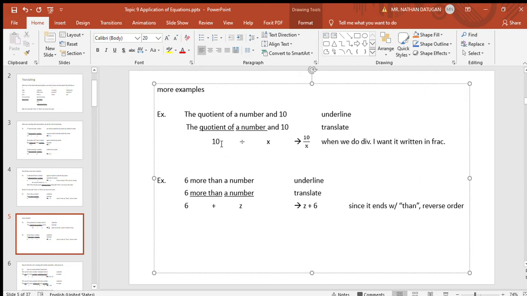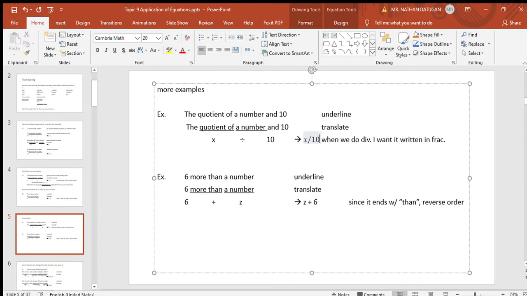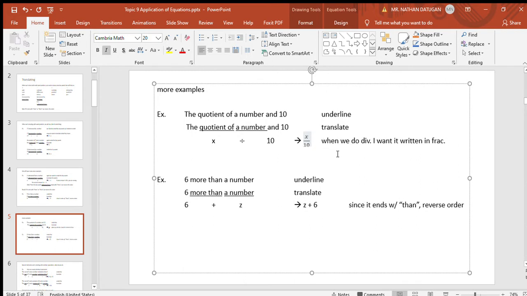The order is actually x divided by 10, because a number comes first, and then 10. So instead of 10 over x, it's actually x over 10. When we have division word problems, I want you guys to write it in fractions, so it looks a bit easier on the eye.